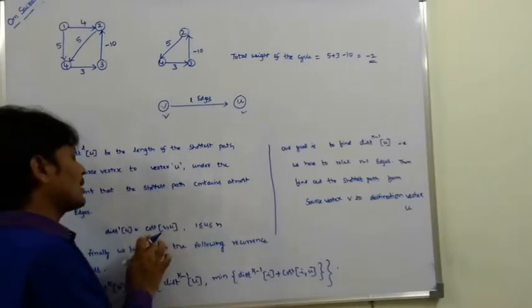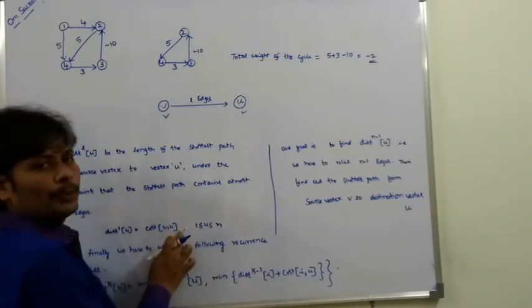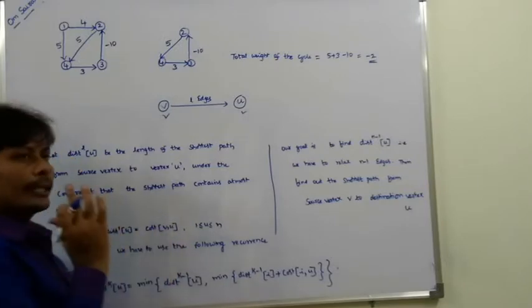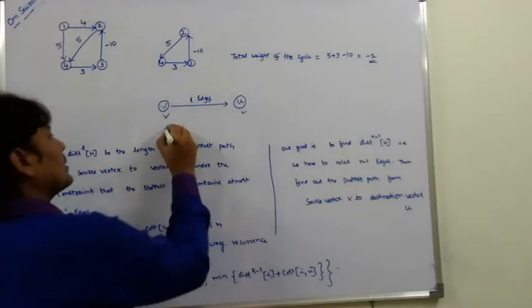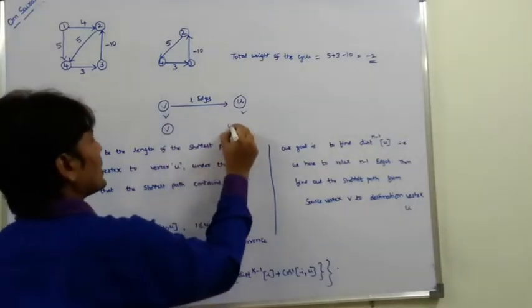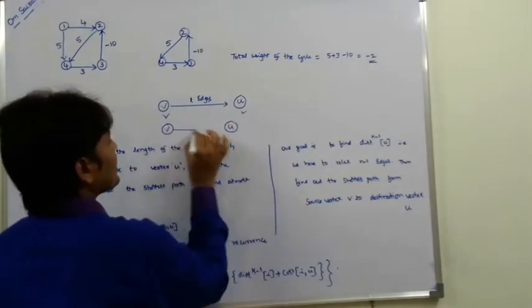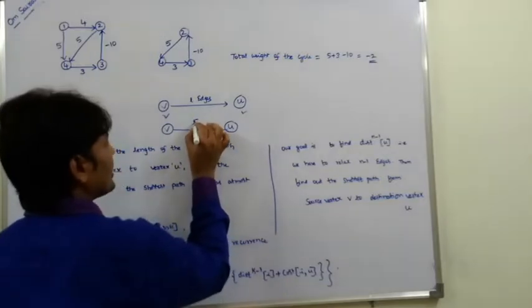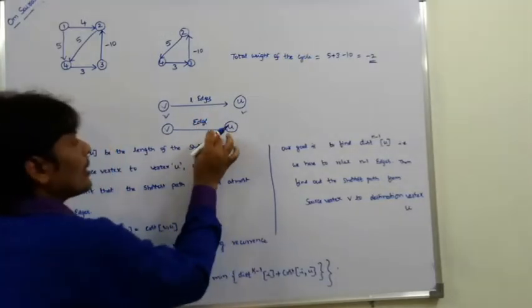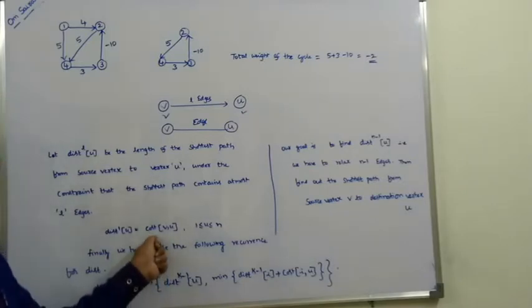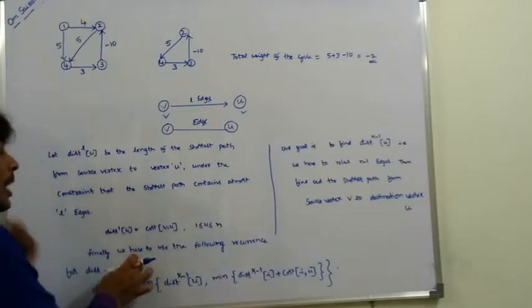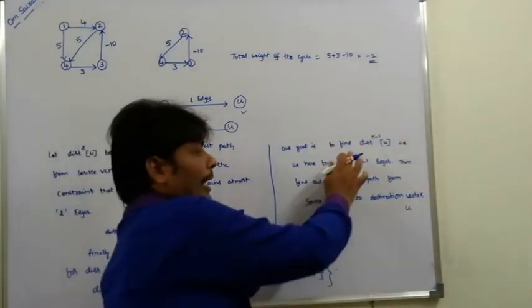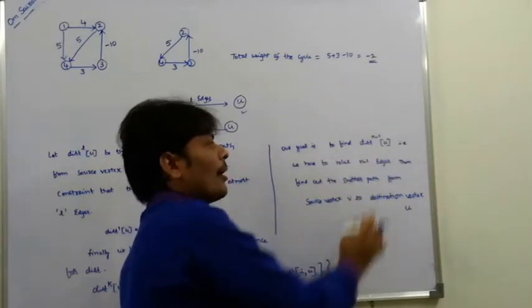So that is nothing but cost of V comma U, because vertex V and vertex U are there, and it contains only a single edge. What is the cost of the edge? That is cost of V comma U. Next, finally, our goal is to find dist n minus 1 of U.